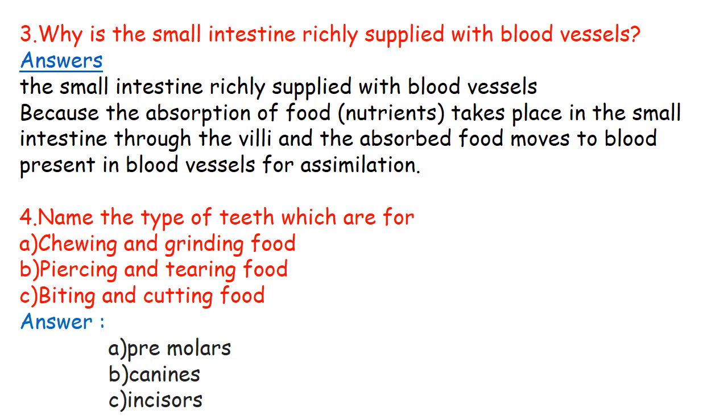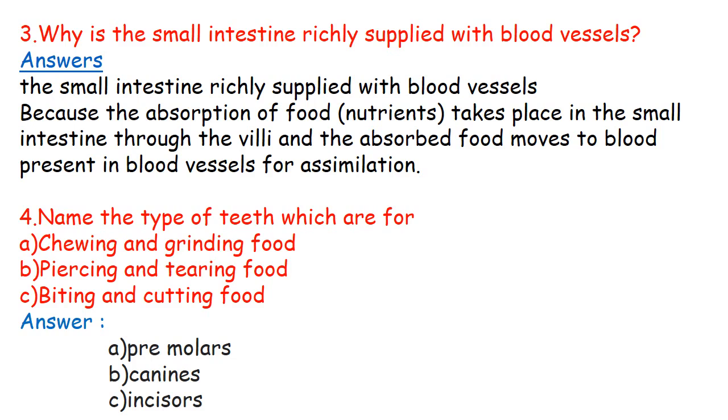Actually, the small intestine is richly supplied with blood vessels because the absorption of food takes place in the small intestine through villi, and the absorbed food moves to the blood present in the blood vessels for assimilation. Okay, this is the simplest answer.